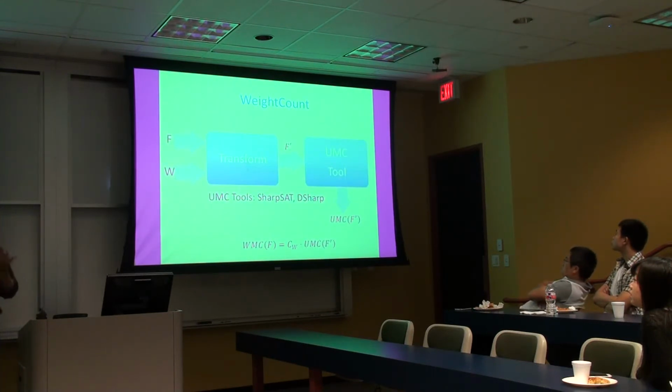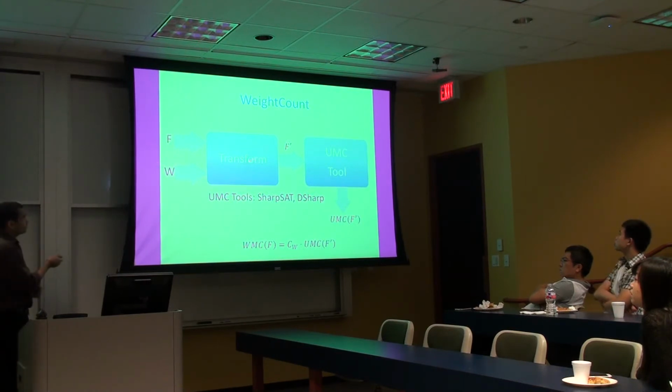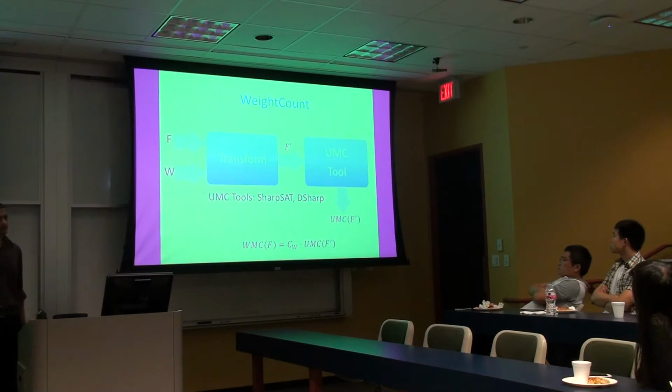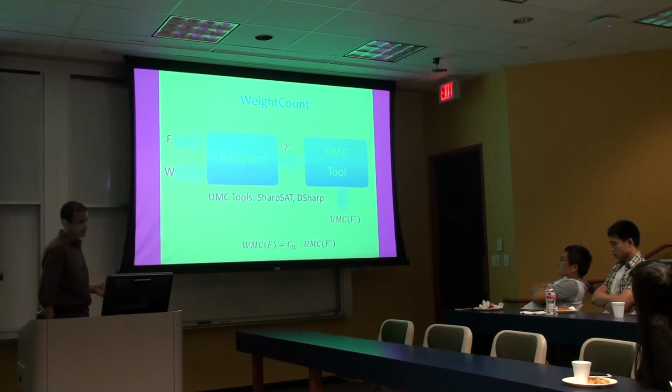So how will we do in practice? Because all of this was motivated by wanting to design really good weighted model counting solvers, right? So just to recap, we had this transformation which reduces to formula f prime, and then we want to use a UMC tool at the back end. In this case, we use two state-of-the-art UMC tools which are called sharpSAT and DSharp.